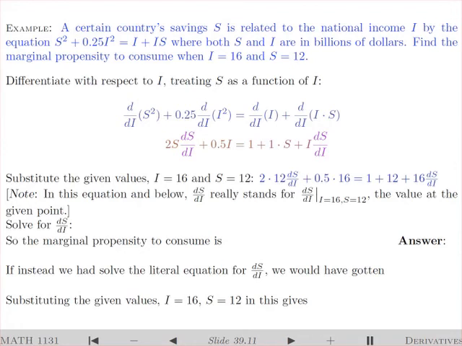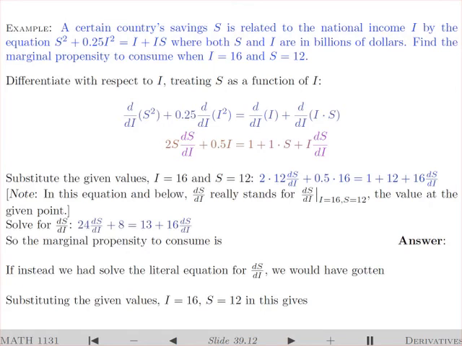I'm not going to reflect that in the notation. Otherwise it looks rather messy. The advantage of doing this is that we have a numerical equation to solve. The only unknown in this equation is ds over dI. Everything else is a number.